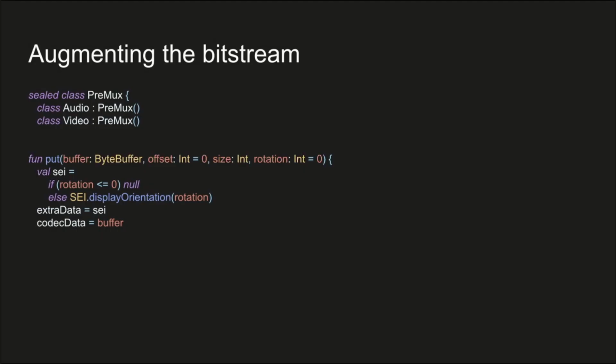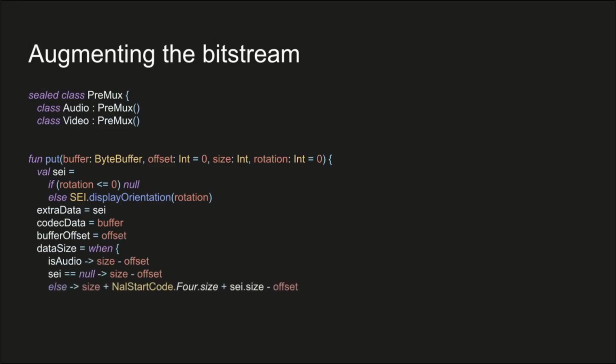In my case, this could be closed caption information. But once I do all of this, I can literally just say my data size, depending on if this information is there or not. I can add another start code, add the supplementary enhancement information size, and then the size of this premux is the size of the raw byte buffer and the extra metadata that I want to add.